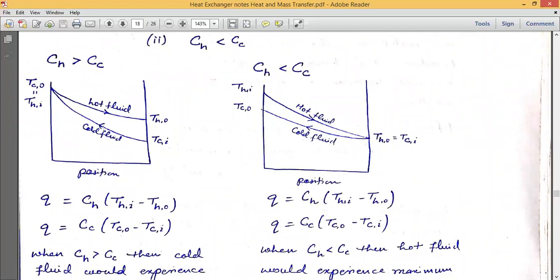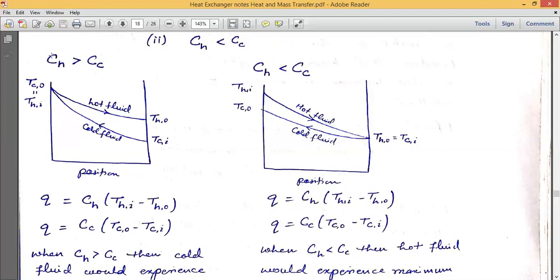Then we assume the maximum heat capacity rate is for the cold fluid. If the hot fluid has the maximum heat capacity rate, it would experience the lesser temperature difference. That means the cold fluid will have the lesser heat capacity rate, and the cold fluid in turn would experience the larger temperature difference.